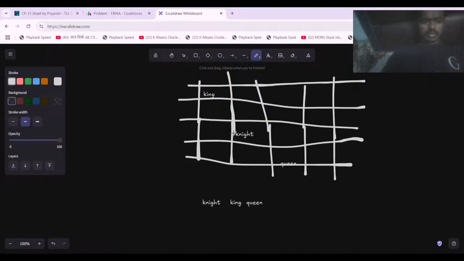So I can choose to move 2 times in one direction, right, or maybe 3 tiles in the other direction. 1, 2, and 3.